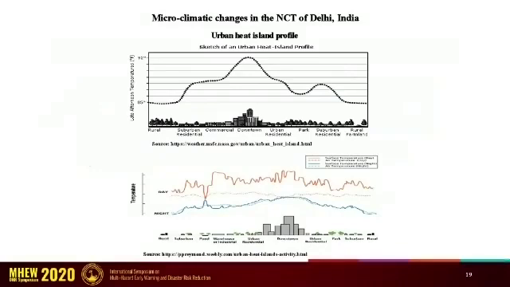Because of these warmer surroundings, the urban heat island effect is getting intensified, and these warmer surroundings are affecting the thermal comfort of urban dwellers.